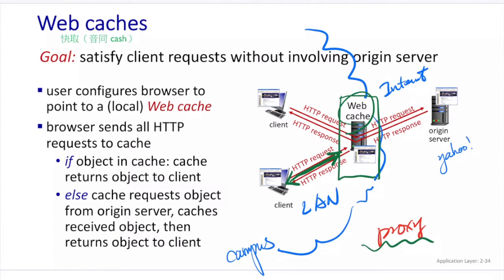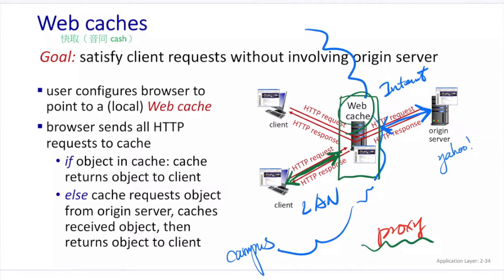The client uses the green connection and asks, do you have the front page of yahoo.com? And at that moment, the web cache, the proxy, may not have the page, right? So it will further set up another new HTTP connection to the original Yahoo server to retrieve the front page, right?